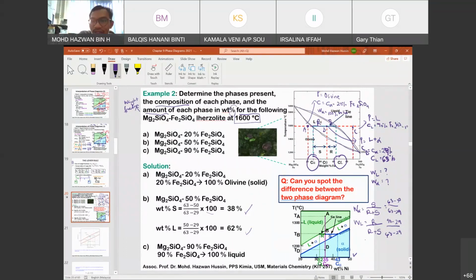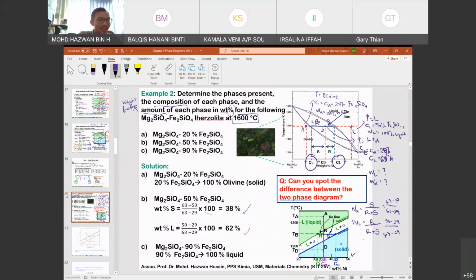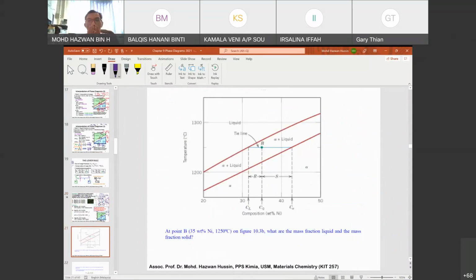Okay? All right. So what will be the weight fraction? 100% liquid. So W? WL equals 100% liquid. Okay. Thank you very much, Kamala. Very good. Okay. All right.